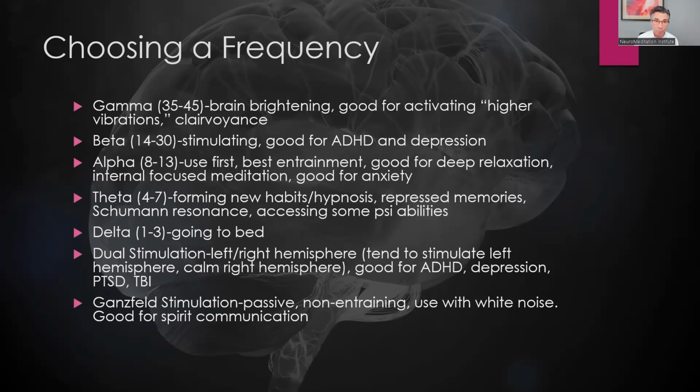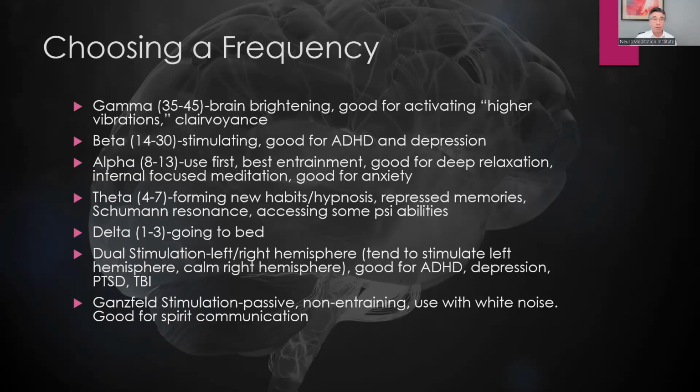This is the fastest brainwave that we can really work with in the brain, so it makes sense that maybe it's connected to this idea of a higher vibration. Also seems to be useful for practices like clairvoyance or ESP type activities, where you're activating the occipital lobe, the back part of the brain that is involved in visual processing. And so cranking up the gamma there can be very useful.